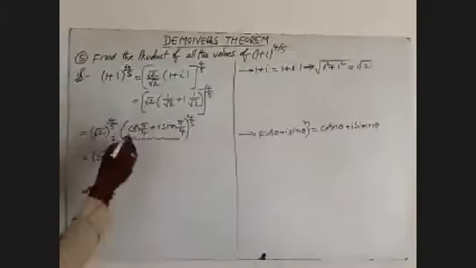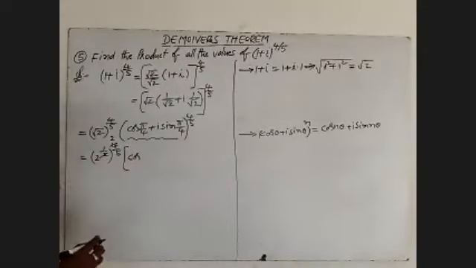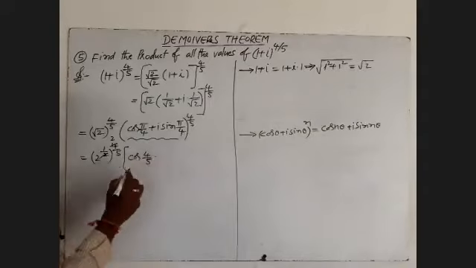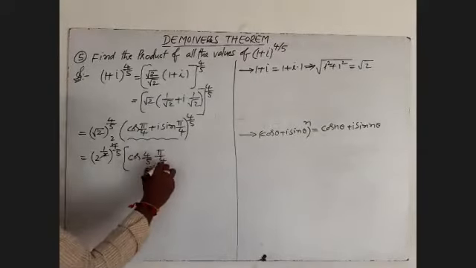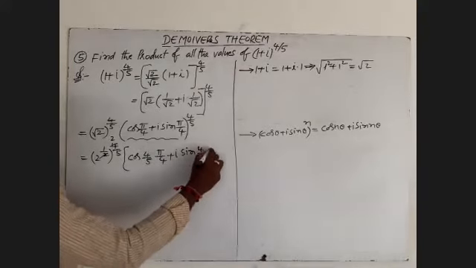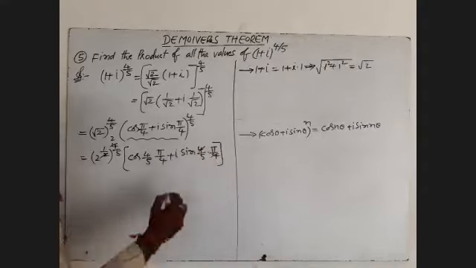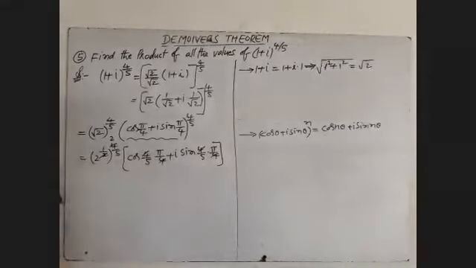Here also we write cos 4 by 5 into 5 by 4 plus i sin 4 by 5 into 5 by 4. 4 and 4 cancel, again 4 and 4 cancel.